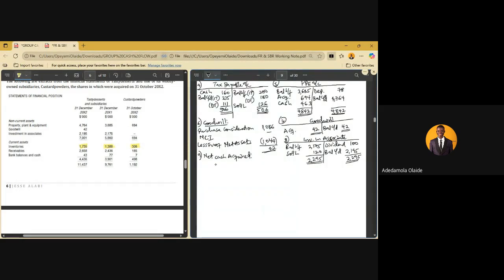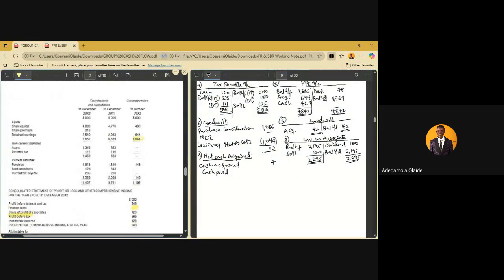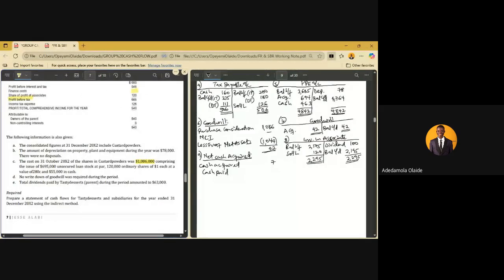We'll say cash acquired. The cash of the subsidiary is how much? 7. Cash paid or cash consideration is how much? They told us this 1,086,000 is funded by 695,000 unsecured loan stock at par, 120,000 ordinary shares at the value of 280 cents, and 55,000 in cash. That cash is the one we have issues with now.